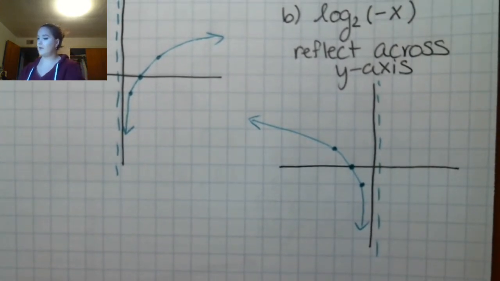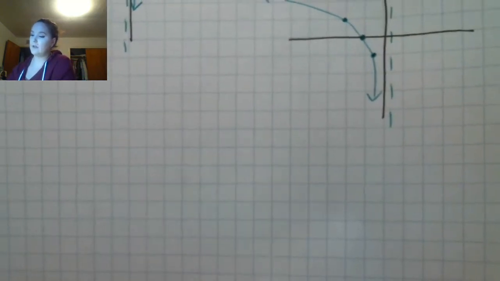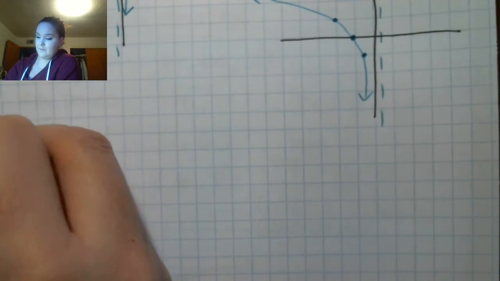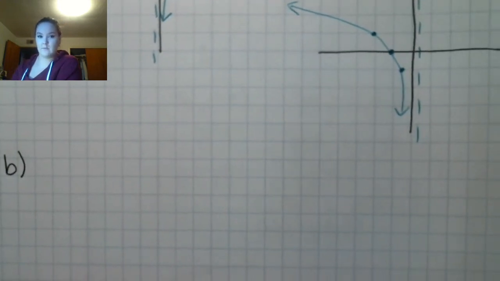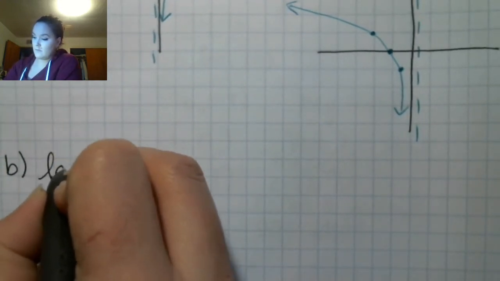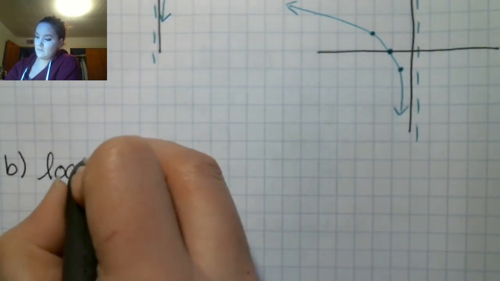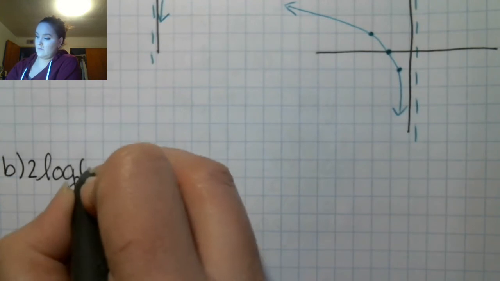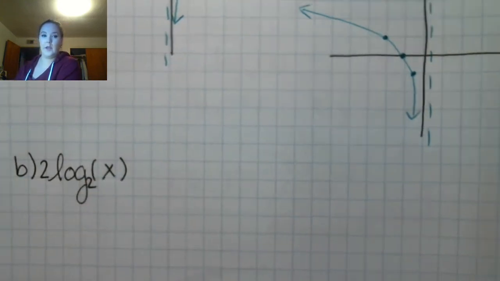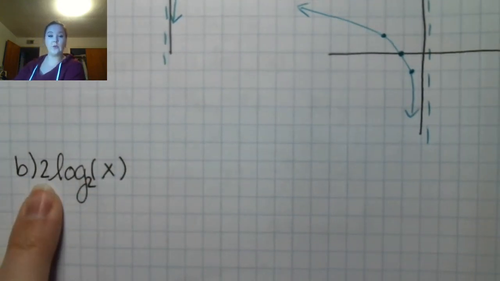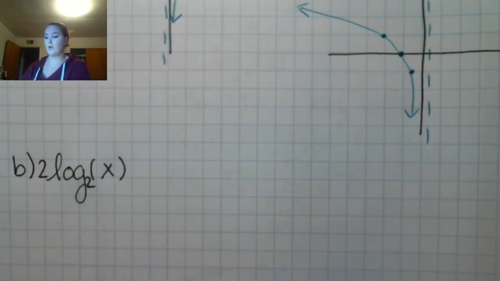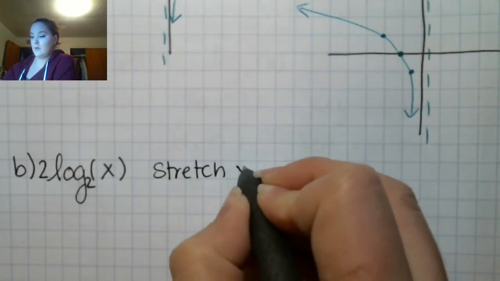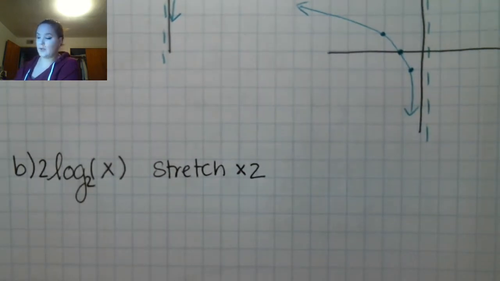All right, let's look at another transformation. We know that the 2 in front is going to stretch the graph times 2. Let's look at what the key points are.